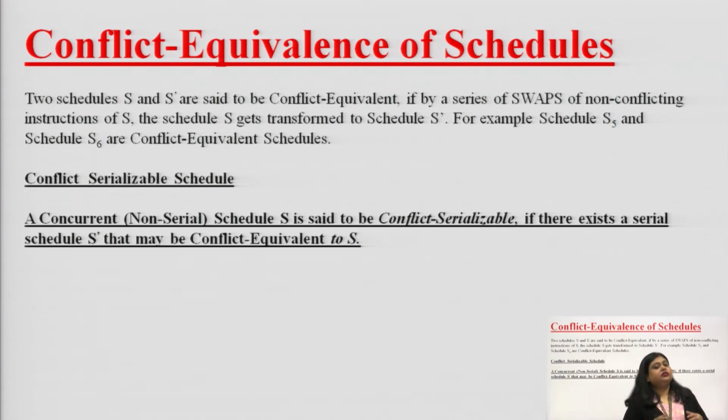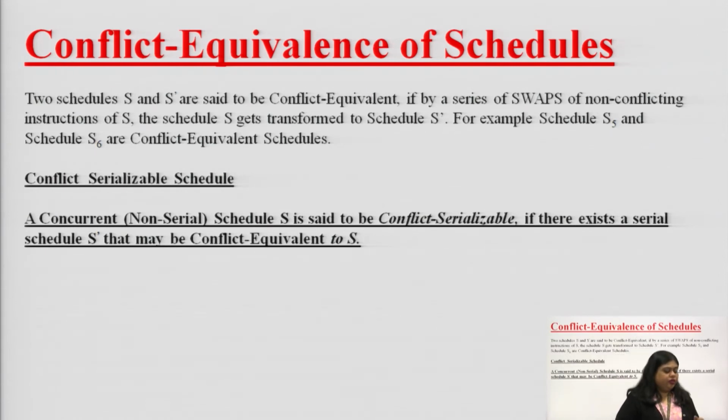So, what happens if we have a concurrent execution or a conflicting set of instructions? By just logically swapping the non-conflicting instructions in both the transactions, we get a new schedule S dash which is equivalent to S. For example, schedules S5 and S6 that we have seen previously were conflict equivalent schedules.